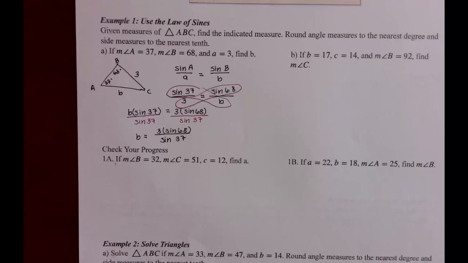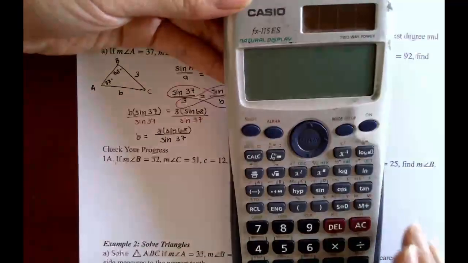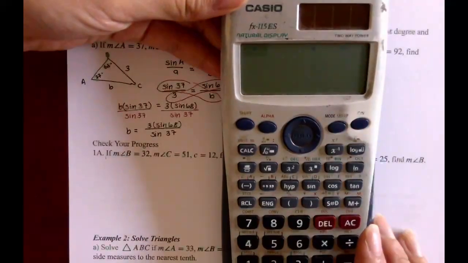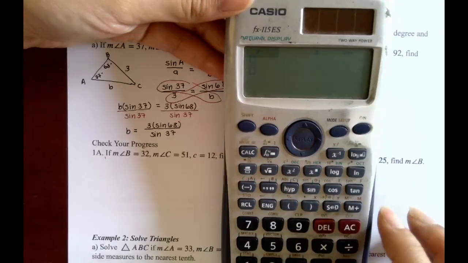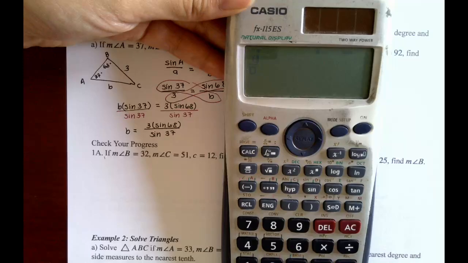If you want, you can enter it all in the calculator in one go. If not, you're going to enter it piece by piece. Here, I'm going to enter it all in one go, so I'm going to put parentheses around it so that they know what goes together.